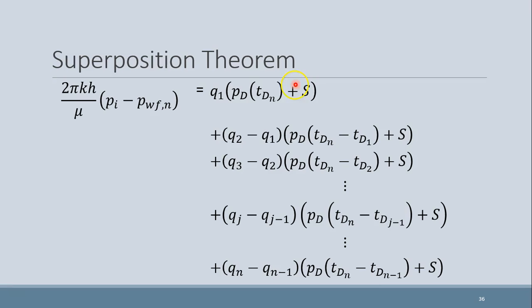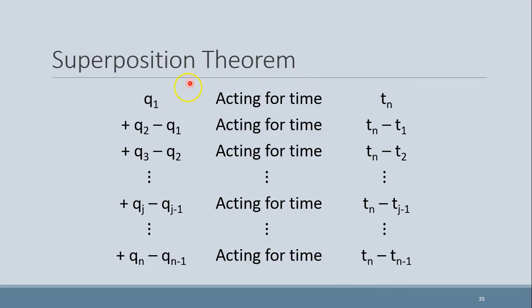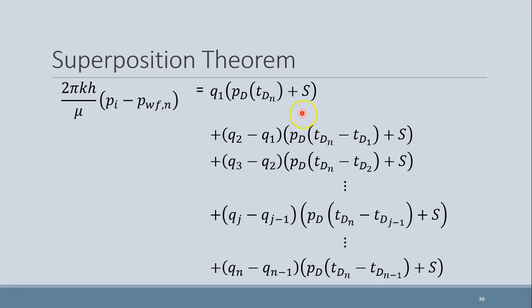This is the solution for the time when rate q1 was there. Then this is for when well 2 was there, then well 3, then a general well qj, and finally qn minus qn minus 1, pD of tDn minus tD(n minus 1), plus s.